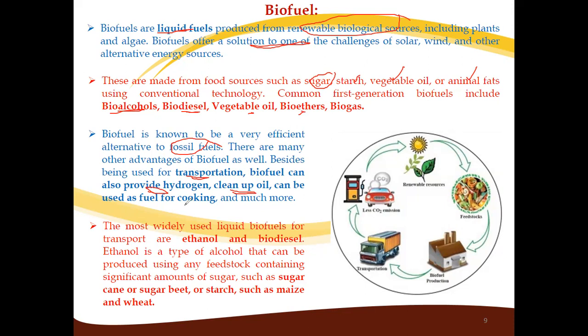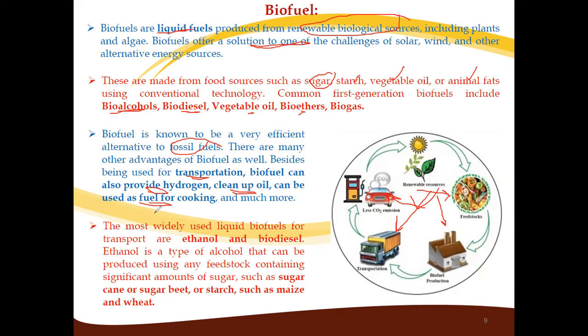Biofuel can be used as a fuel for cooking and much more. So these are the various applications of biofuels. It can be used to run cars because less carbon dioxide will be produced. Then it is used for transportation purposes. Then feedstock will be there. So biofuel is one renewable source of energy.